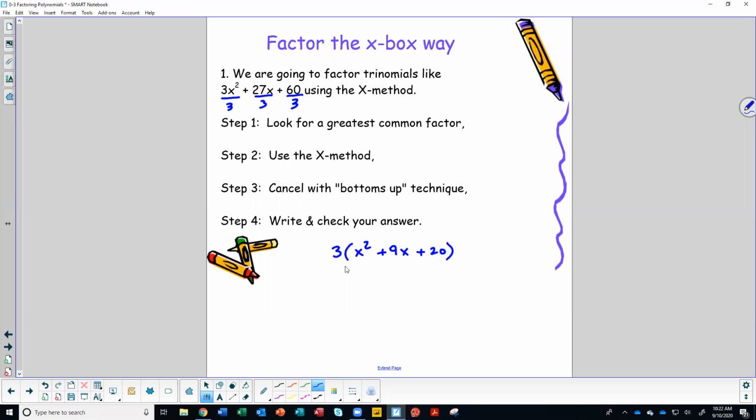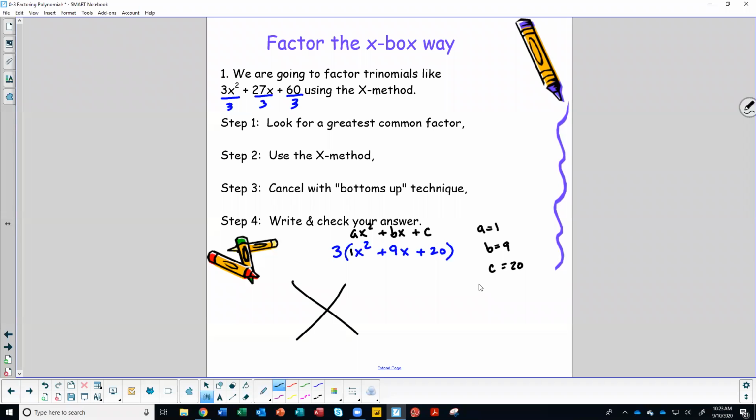So I have factored that out. Now, the ax squared plus bx plus c comes from the inside. That means a is 1 in this problem because there's no coefficient in front of the x squared. b is 9 because I have 9 in front of the x. And c is 20.